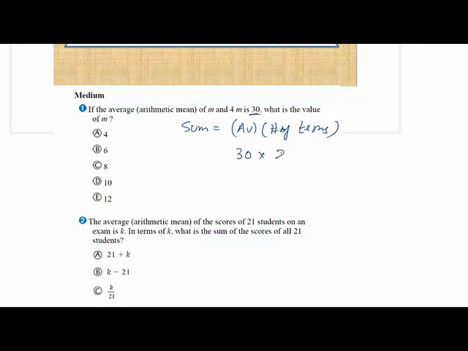So you have 2 and 30, and you have to calculate the value of m. So sum means addition, so m plus 4m, that's equal to 5m. 5m equals 60, right? Dividing by 5 on both sides, you'll get m equals 60 divided by 5, that is 12. So m is 12. So option E will be the right answer. So here you have to remember sum equals average times number of terms.